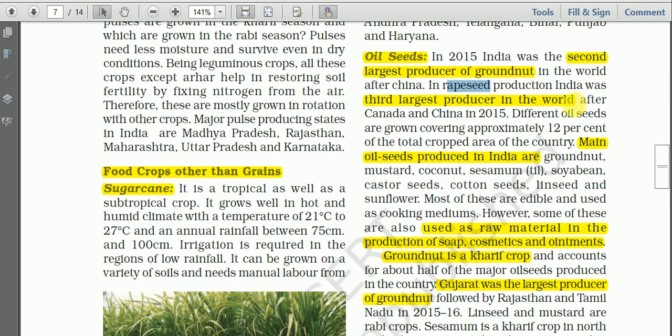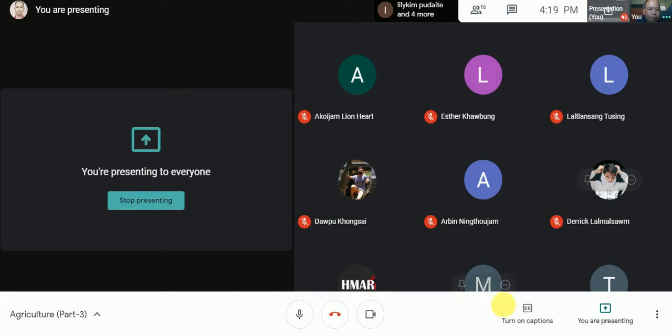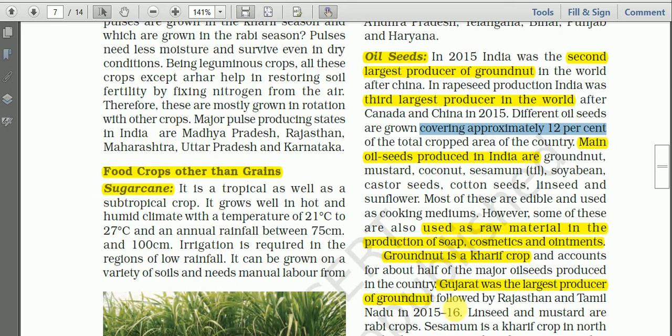And not only this, India is growing different types of oil seeds, covering approximately 12% of the total crop area in India. So oil seeds cover 12% of the total crop area in India.